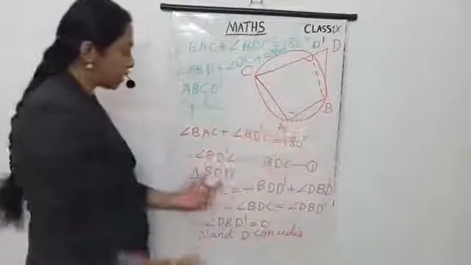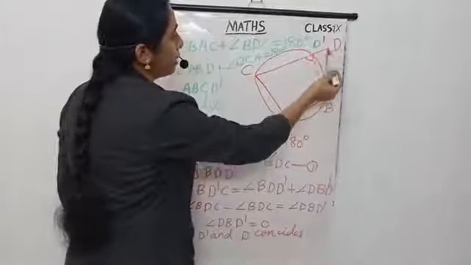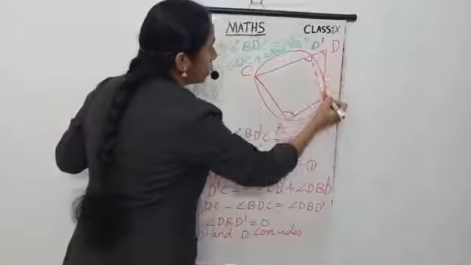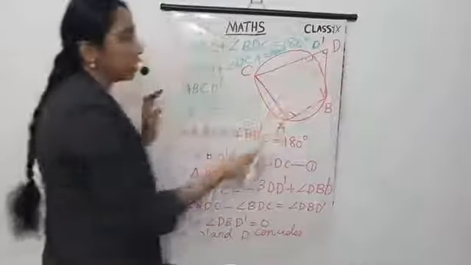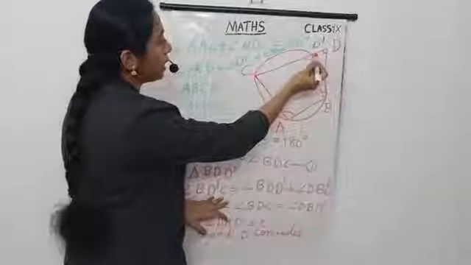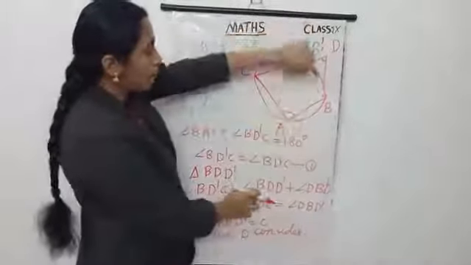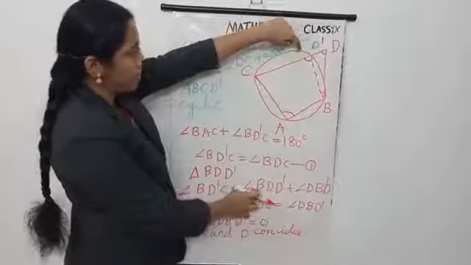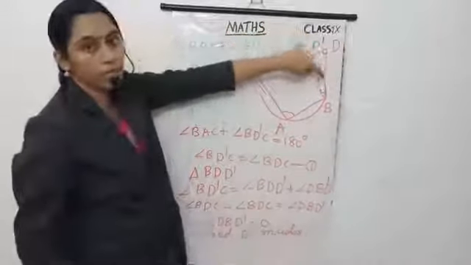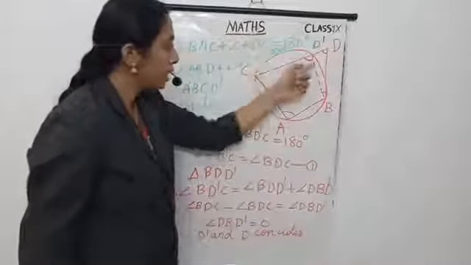Now consider this triangle BDD dash. The sum of these two angles is equal to the exterior angle of that triangle, that is angle BD dash C equals angle BDD dash plus angle DBD dash. So the sum of these two angles is equal to this exterior angle of this triangle.